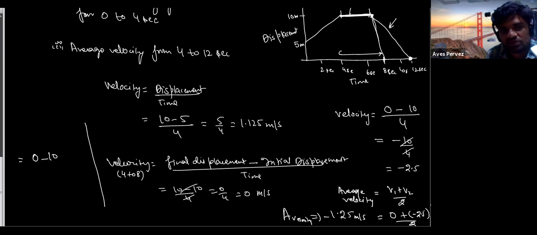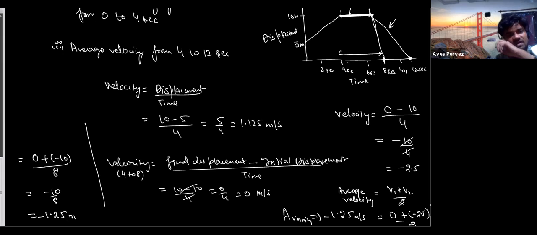This is the total displacement. The total time is 4 to 12 seconds, so it is 8 seconds. So minus 10 upon 8, that will be minus 1.25 meter per second. Okay, we are calculating the velocity now, so the average velocity is minus 1.25 meter per second.